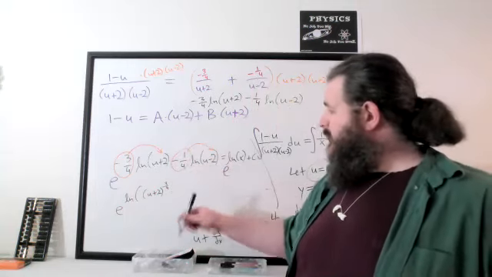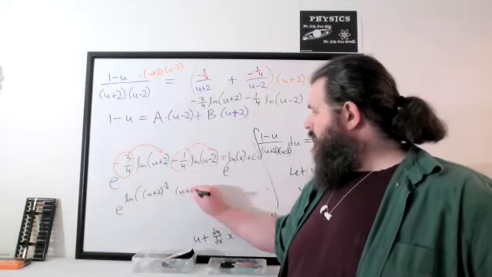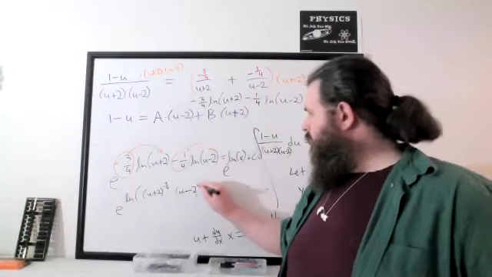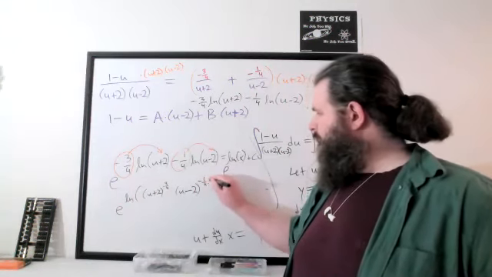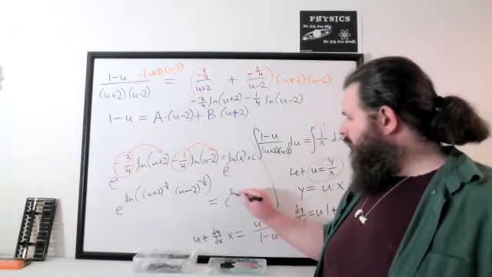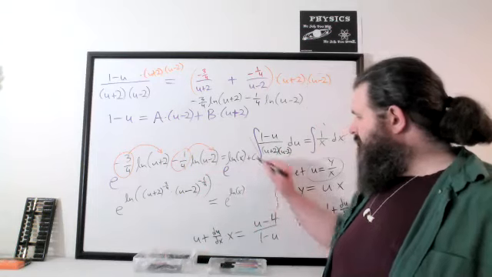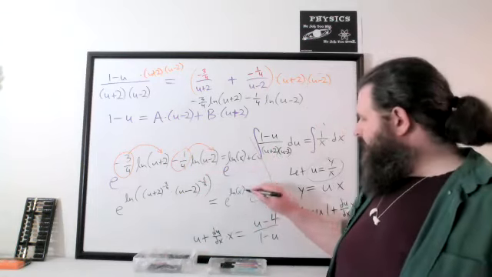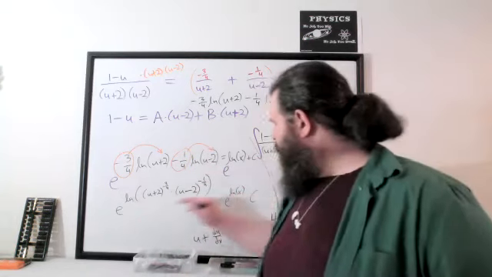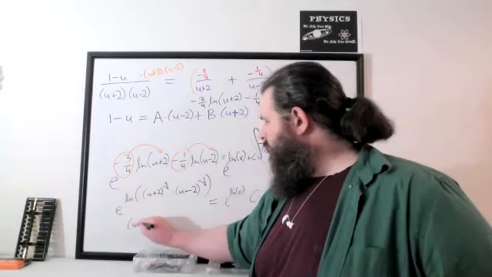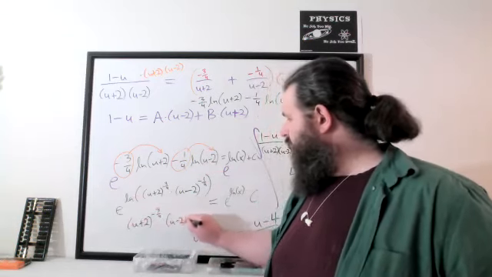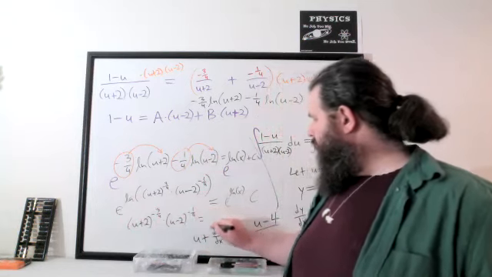Addition combining the logarithms because of multiplication. u minus 2 to the negative 1/4 equals, and likewise here we could split this up, e to the logarithm of x times e to the c is just some other constant. And at that point, the exponents and logarithms cancel out. So we get u plus 2 to the negative 3/4 times u minus 2 to the negative 1/4 equals x times some constant.